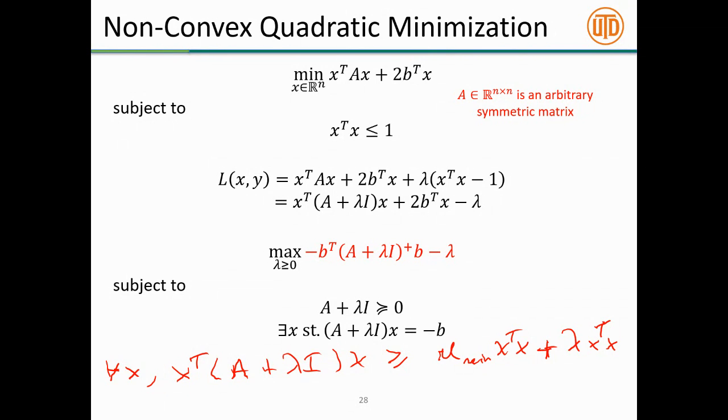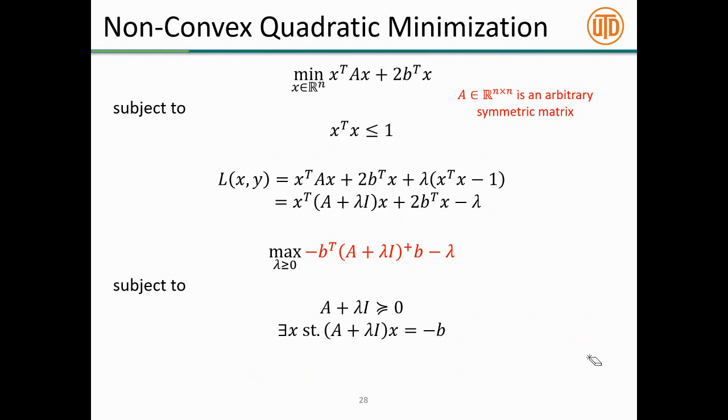Another way to see this argument, if you don't want to use that x transpose A x is greater than or equal to the smallest eigenvalue times x transpose x, is to explicitly construct the eigenvectors and eigenvalues of the matrix A plus lambda I. So let's do that. Let's suppose that x is an eigenvector of A, that is, A times x is equal to mu times x for some mu.